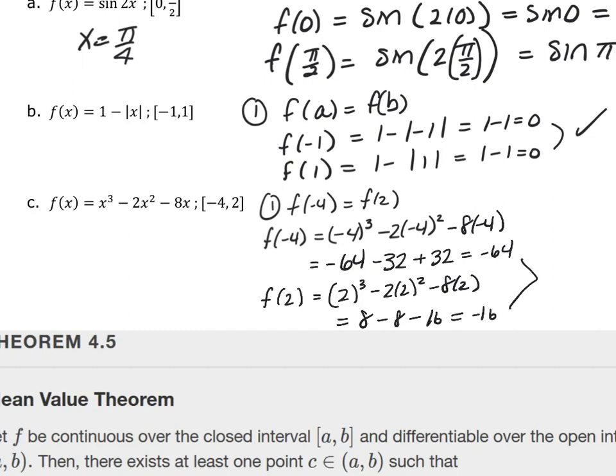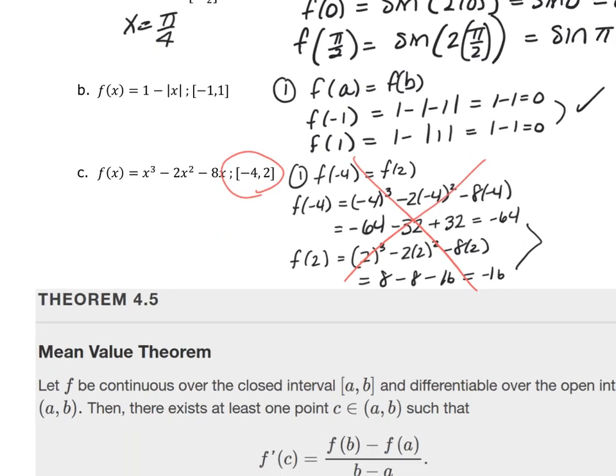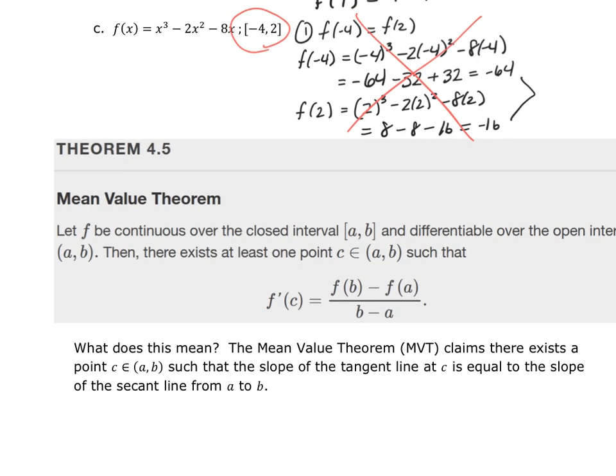These are not the same. So right out of the gate, I know that Rolle's theorem is not going to apply to this particular polynomial on the interval from -4 to 2. So it may apply in a different interval, but for this interval from -4 to 2, it does not apply.